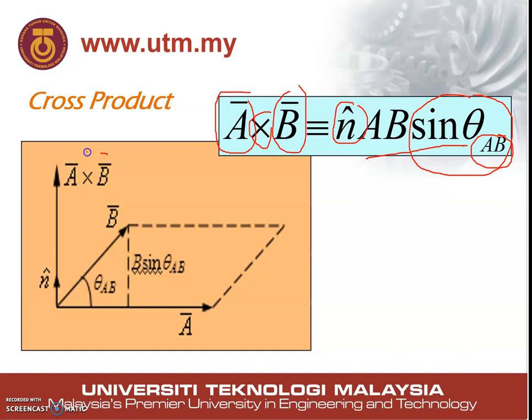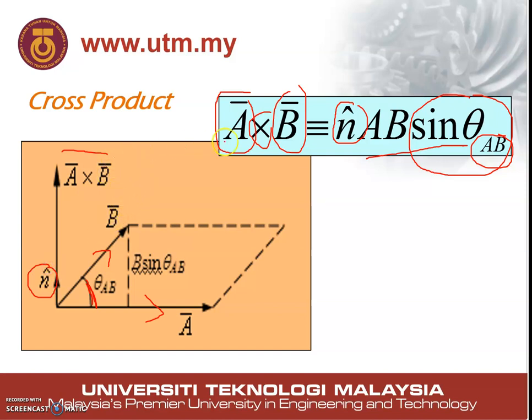Here we can see vector A, vector B, and the angle between them. Based on the right hand rule, we will get A cross B, a normal towards both of these vectors, which is the n direction.